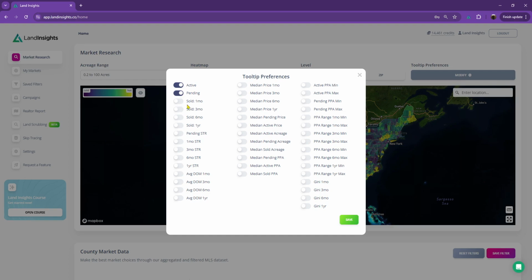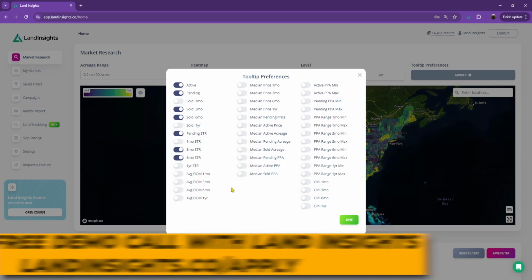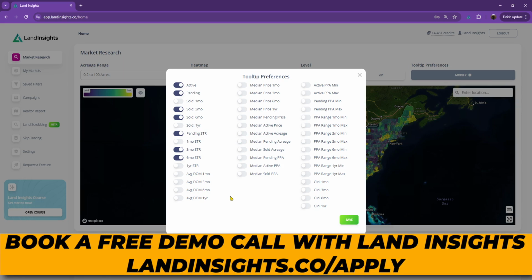And what I like to do is focus on maybe 3 months, maybe 6 months, and then include the sell-through rate data points for maybe pending, and maybe 3 months or 6 months as well. This gives me a good, accurate representation of what's been happening for the past half a year, and I can see that current demand that I'm interested in seeing as well, just to make sure the county or the zip code that I'm looking at is currently in demand.